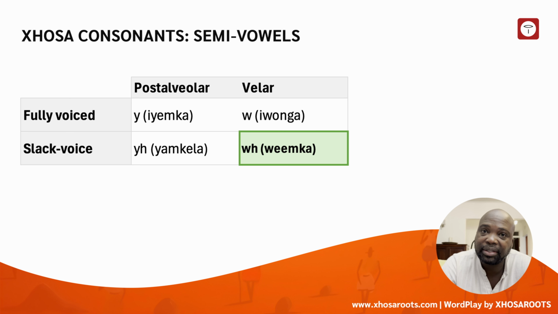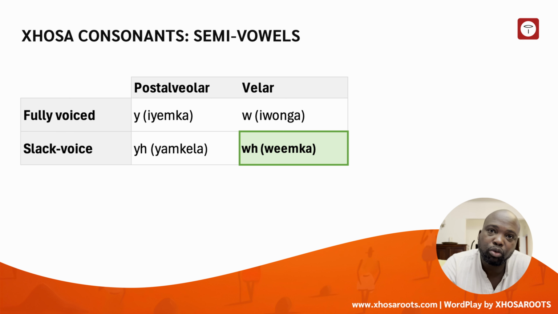The a vowel is elongated to depict past tense. Wemka would be the present tense. Wemka would be the past tense. So wemka is referring to a single person, he or she left.